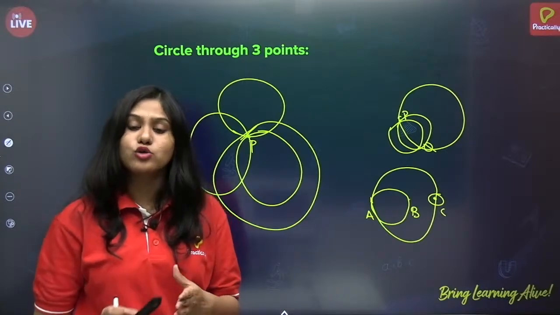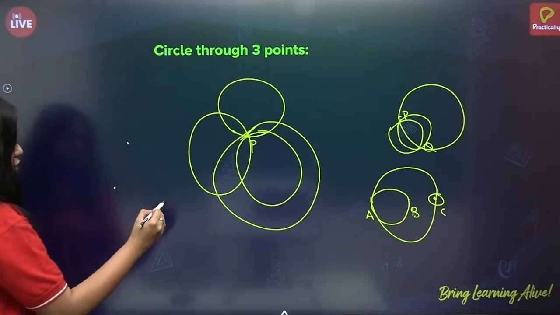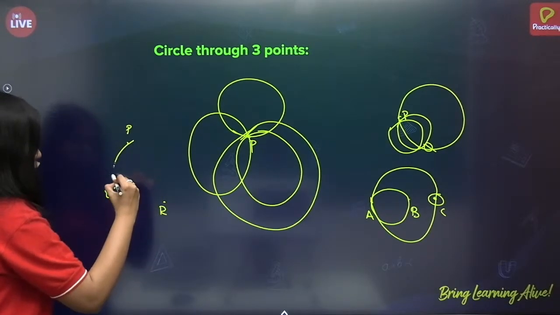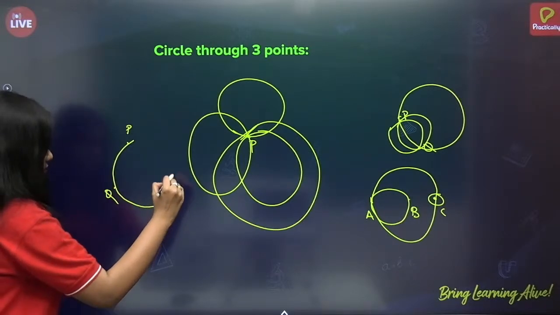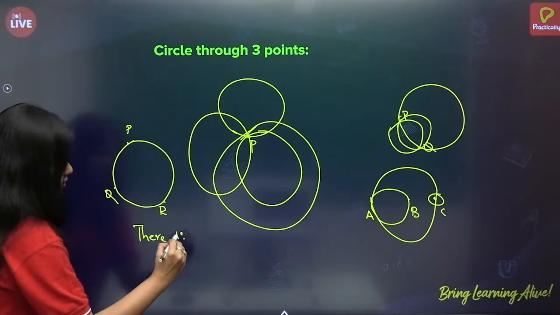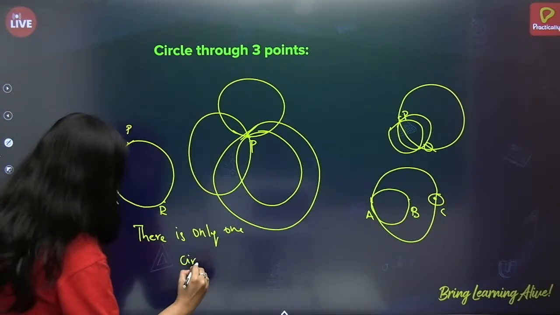But what about non-collinear points? Let me just take these 3 points, P, Q, R. So let me draw a circle. So there is only one circle which can pass through all 3 non-collinear points.